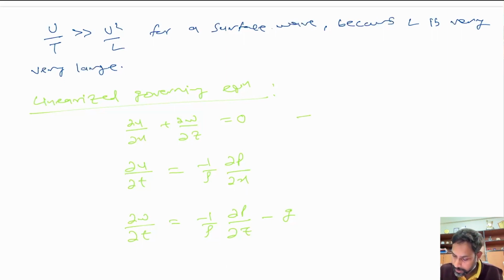So these are the three equations we get after the simplification, after the linearization.